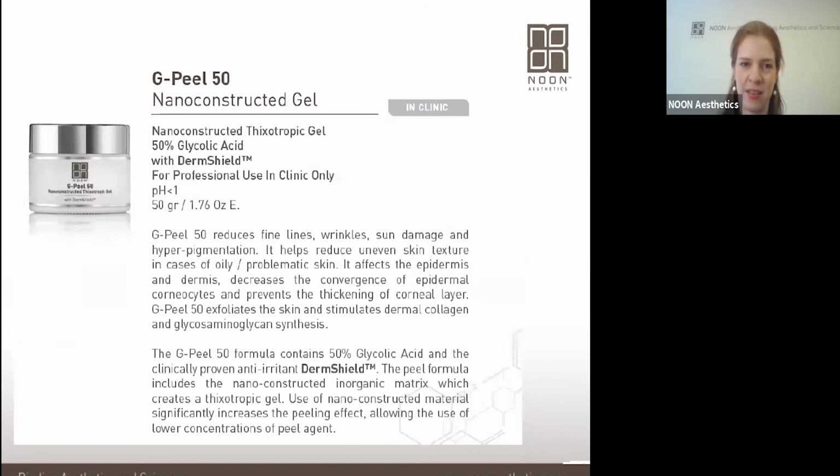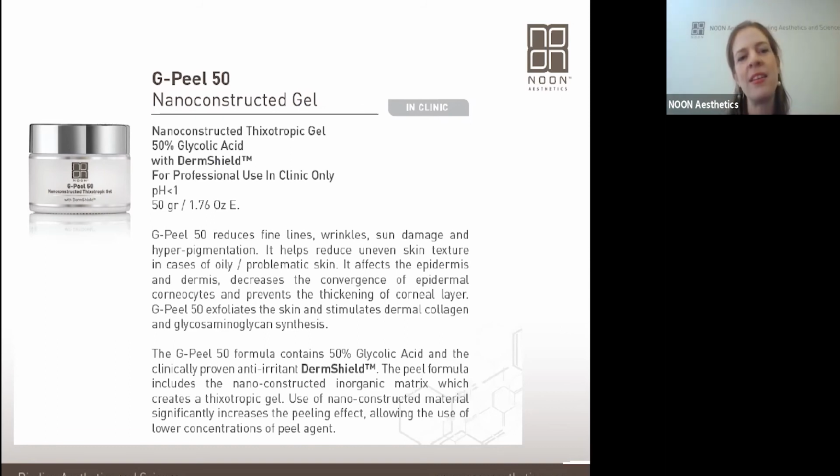Again, it's 50% glycolic acid as well, but because of the nano-constructed technology, it equals glycolic acid at around 60 to 65%. It's very good for oily skin, but only if it is resistant. Only if it is resistant, I'm sorry.